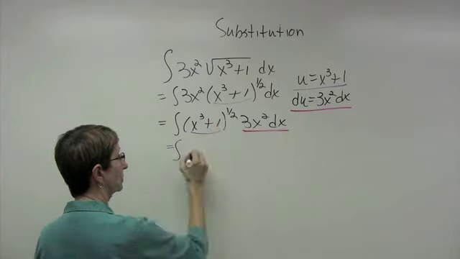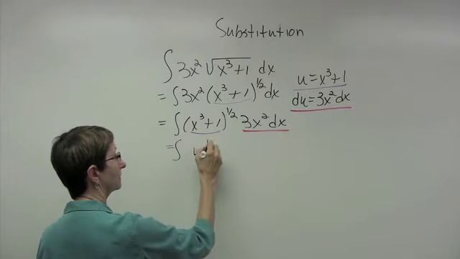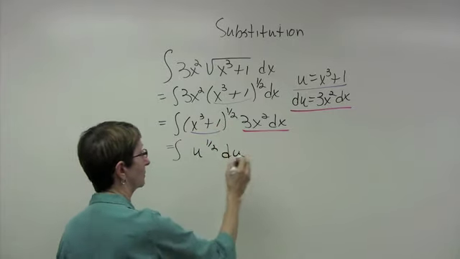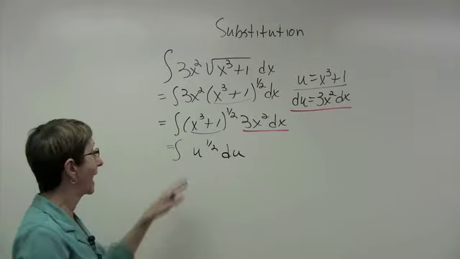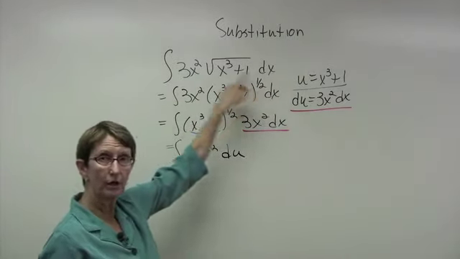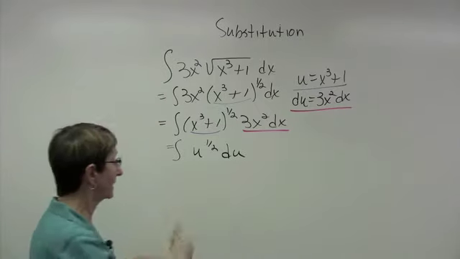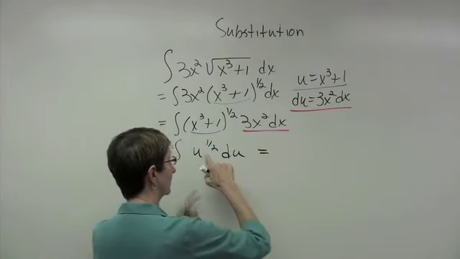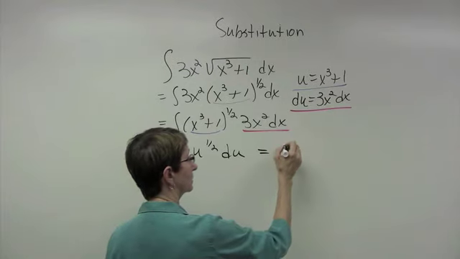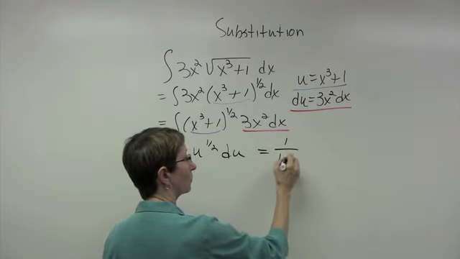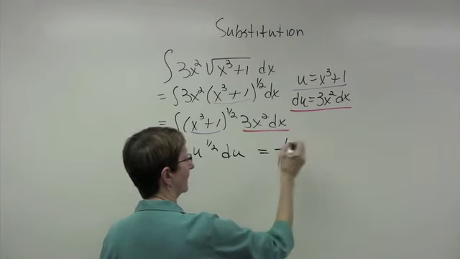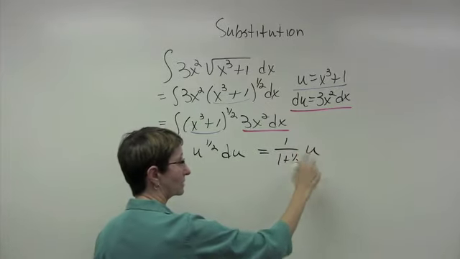The integral of u to the 1/2, and all of that is du. It's just a substitution. I'm getting this integral to a form where I know the rule, the power rule. So then I can find the antiderivative. I add 1 to the exponent. Remember, that's 1 over 1 plus 1/2. U to the, and that's 3/2.